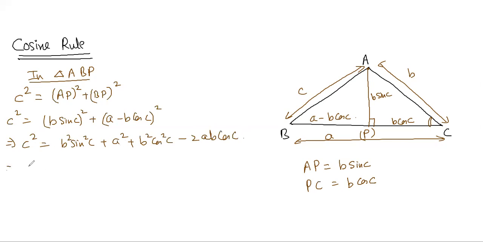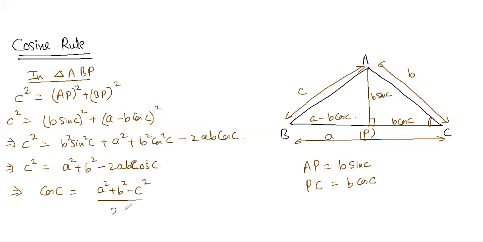So c square can be written as a square plus b square minus 2ab cos of C. Or I can also write cos of C is equal to a square plus b square minus c square upon 2ab.